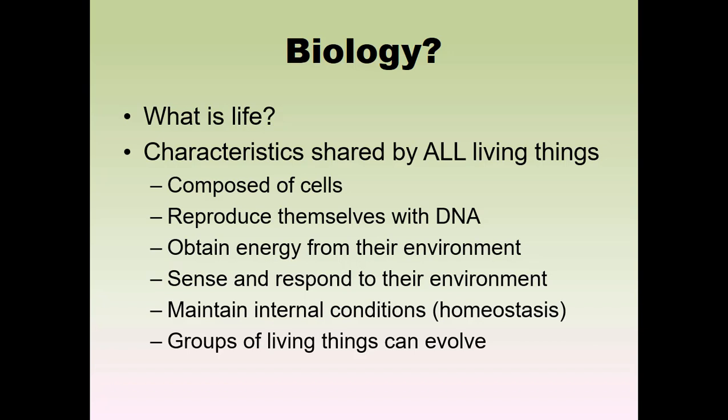Those individuals that are not as well suited will tend to die off, and those that are well suited to their environment will have a greater chance of surviving and passing their genes on to the next generation. So those are some of the characteristics that are shared by all living things, and we certainly should be aware of these as we move forward.